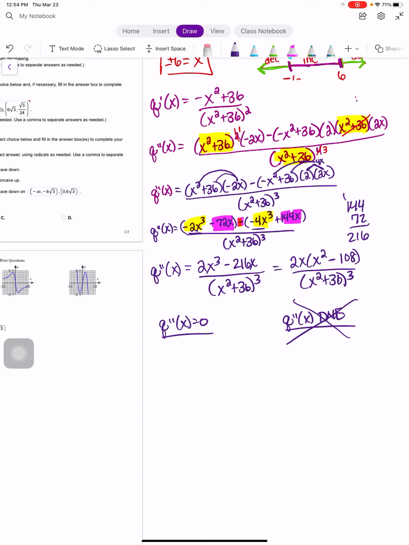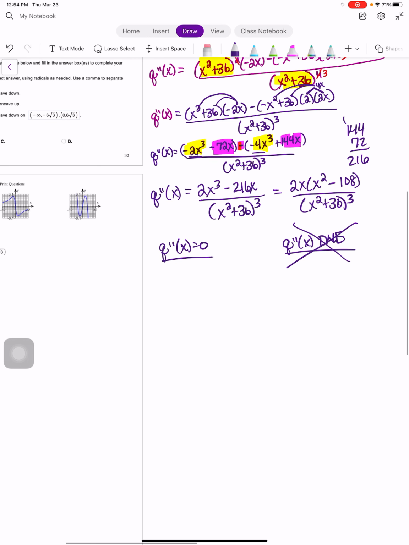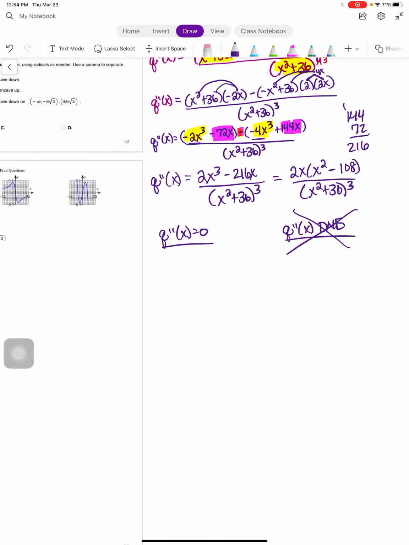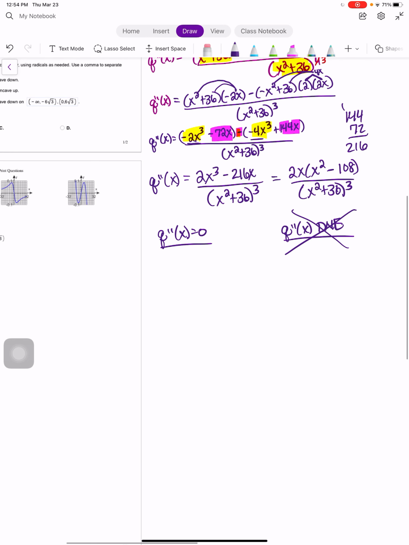So we're not going to consider that, and I'm not going to talk much more about that because we've already discussed that. But I can also find where this function is equal to 0. I can take each of those factors in my numerator, and I can set those equal to 0.